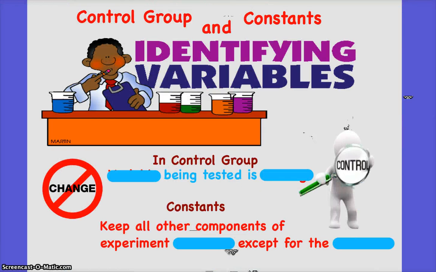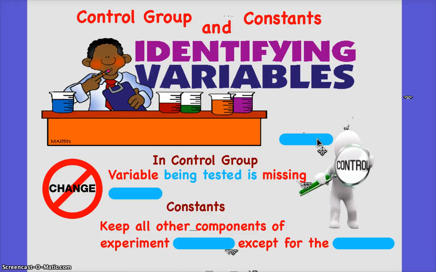They're constantly being confused. In a control group, what's missing? Good. We're missing the independent variable. The control group is missing the independent variable. Constants are everything in the experiment that you keep the same so that only the independent variable is manipulated.